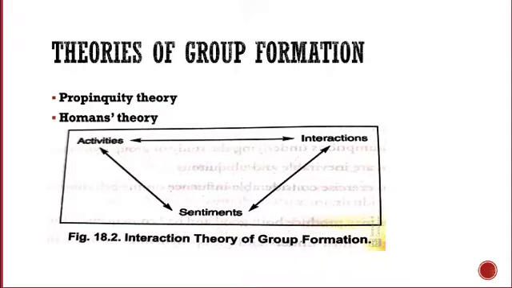In schools there are some students who are not willing to interact with you, and those who are not interacting with you, you can't make friends with them, right? So interaction is one of the reasons for the formation of a group. The one you interact with more, the one you talk to more, you form a group with. Clear? Proximity and the interaction theory.